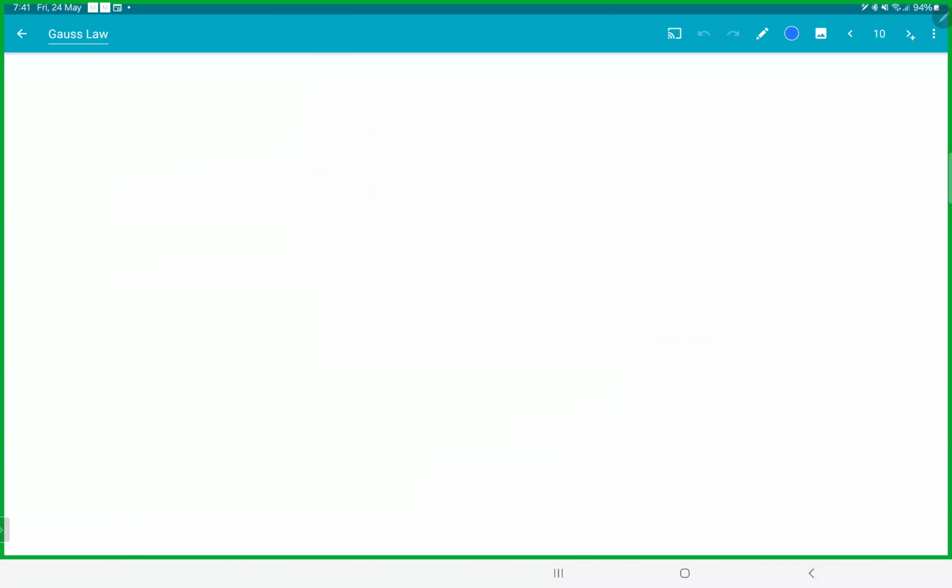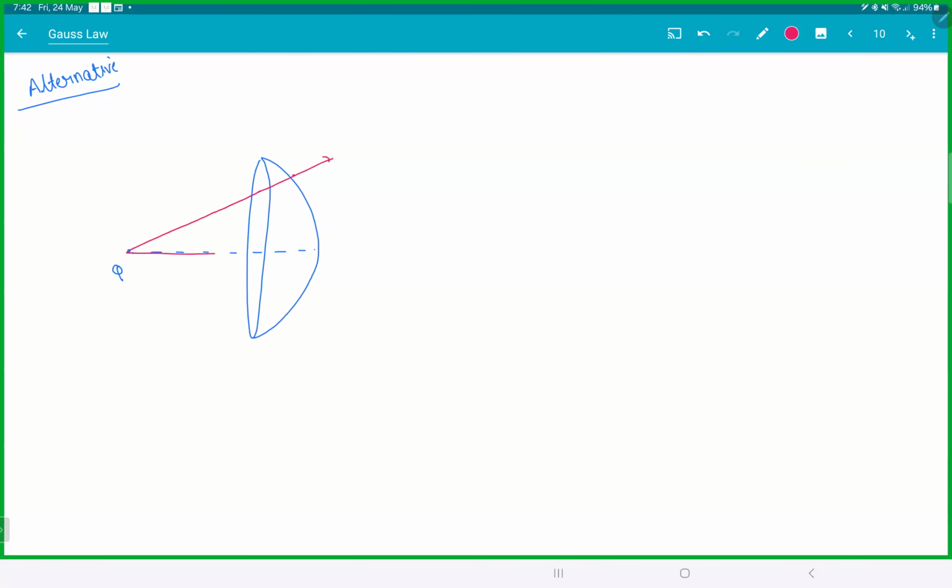Now, an alternate way. This is a good one. Think of it like this. The disk which is here, if I take this part, this is charge Q. Can I say that every line that passes through the disk will pass through the curved surface?